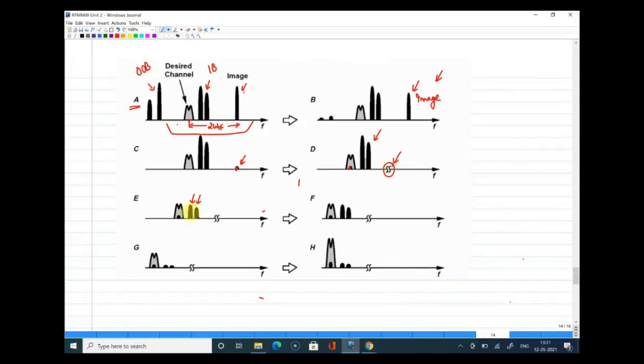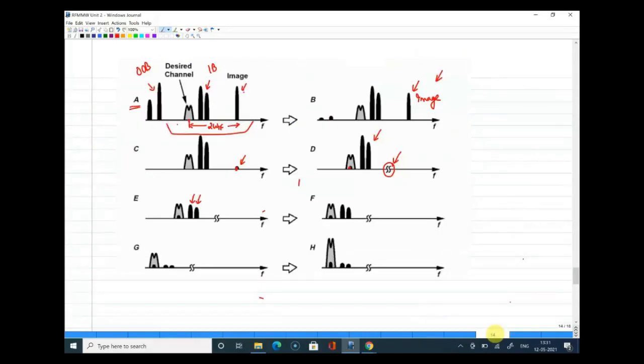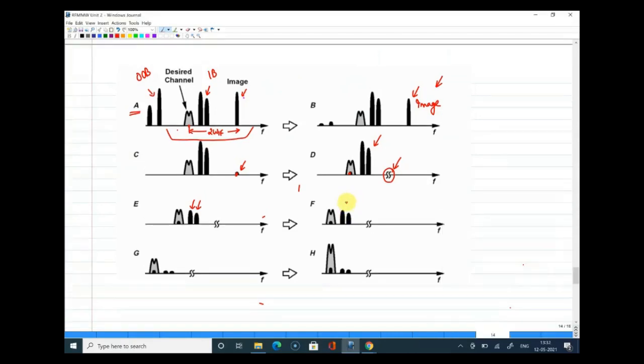Right. So this is happening here at E, and after E, you have another mixer to get the second intermediate frequency. So from E to F, your frequency has come down with the in-band interference. This is just a mixing operation that happened there.